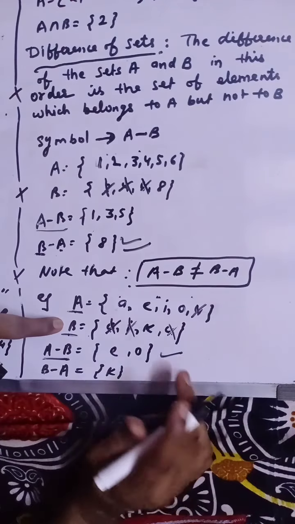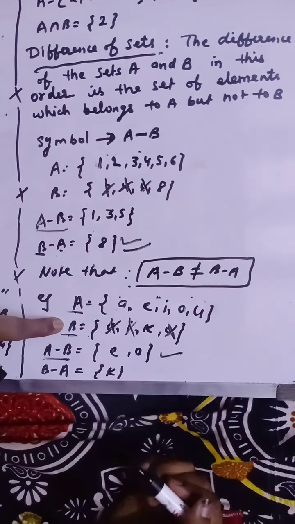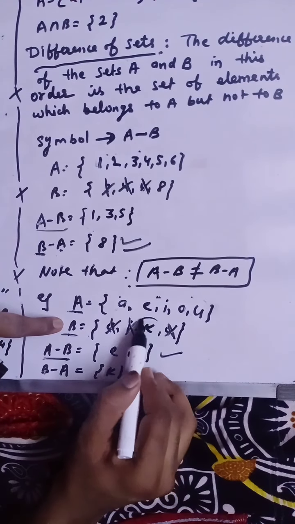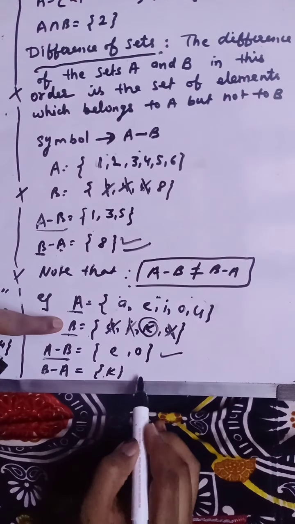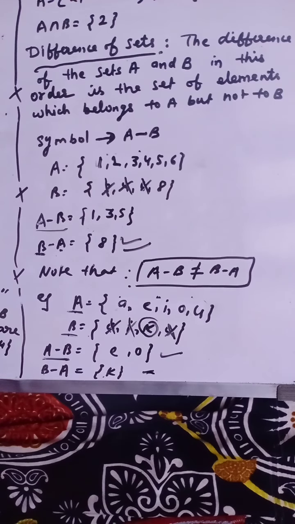No need to cut here because we are finding B minus A. So the element k is there, so you have to write k in B minus A. So this is how we can subtract. Got it? Okay.